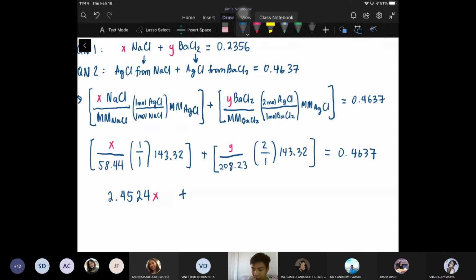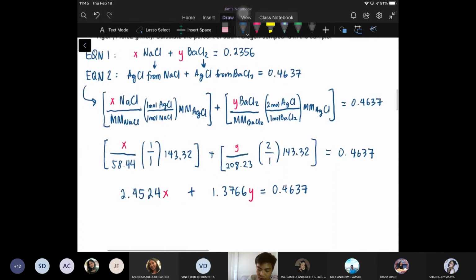For y, multiply the numbers: 2 times 143.32 divided by 208.23. That will be 1.3766y, and that is equal to 0.4637. I will call this equation 2 prime.